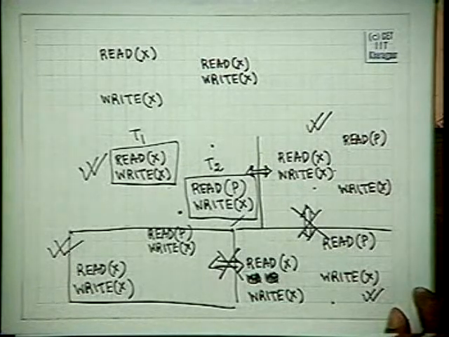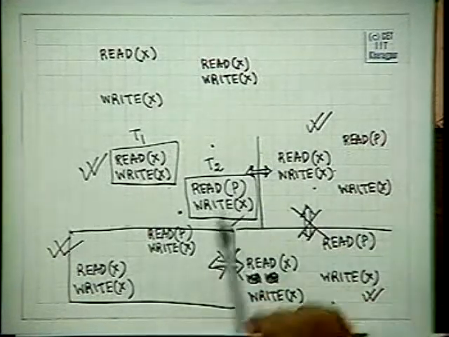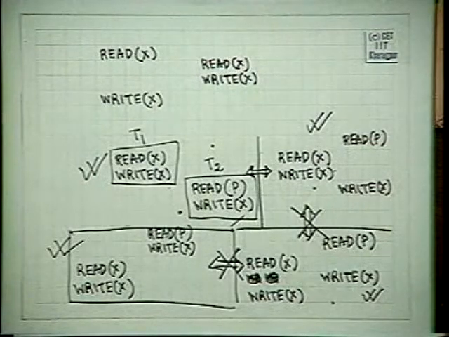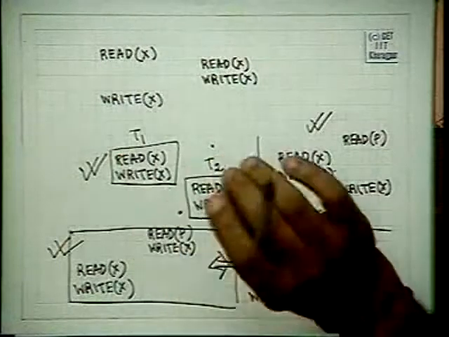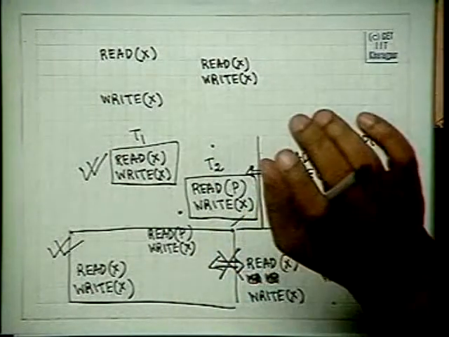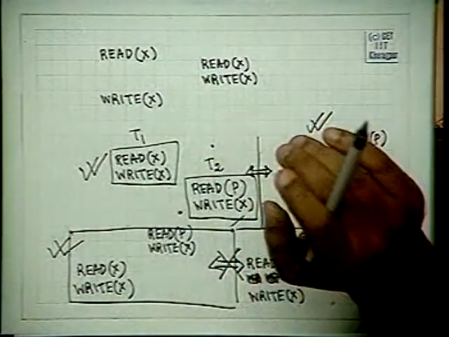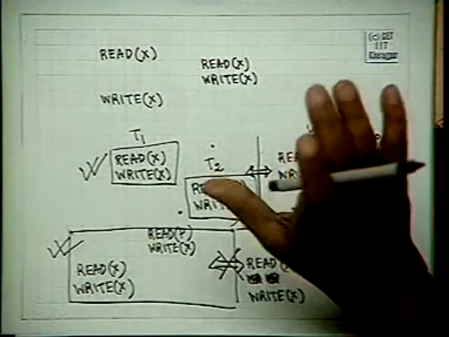no inconsistency? Before checking, what we are trying to do is analyze a concurrent schedule before actually executing it. We are trying to quickly analyze and see whether this schedule may lead to inconsistency or not.